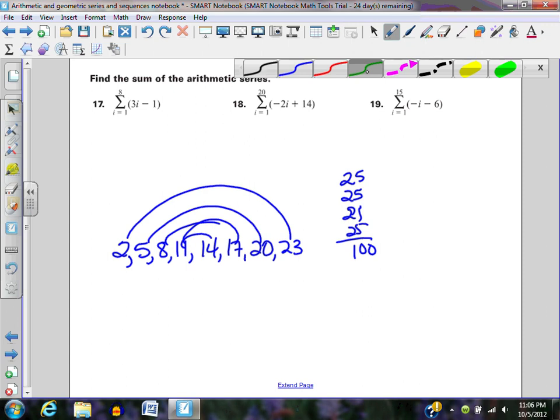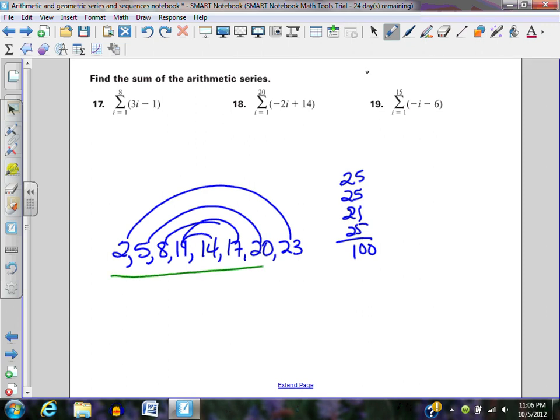If I looked at the average of this entire set, well, the average of the first and the last, 25 divided by 2, is equal to 12.5. The average of each pair is 12.5. Look at the average of the entire set.